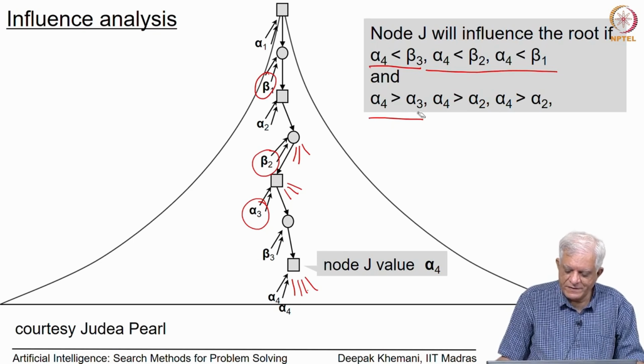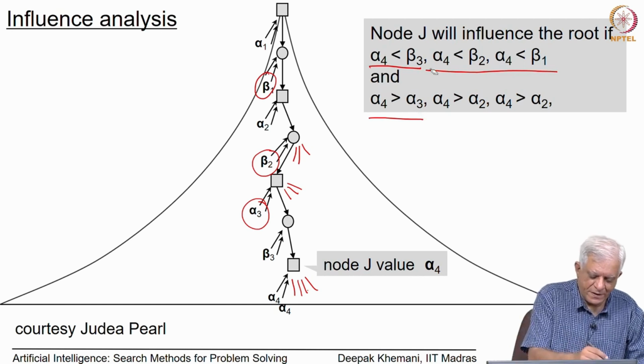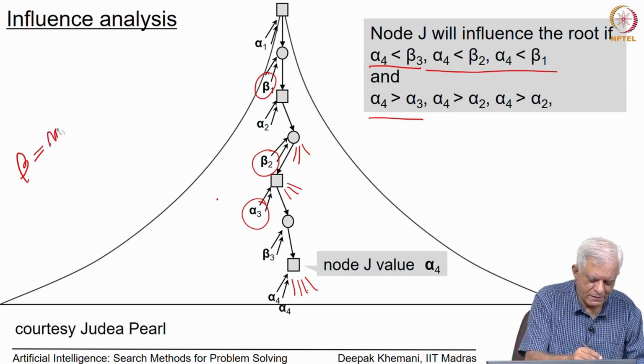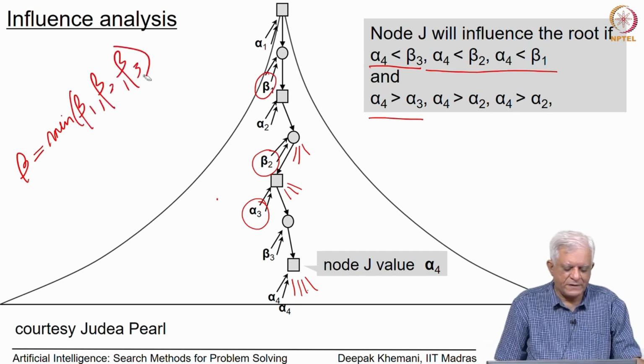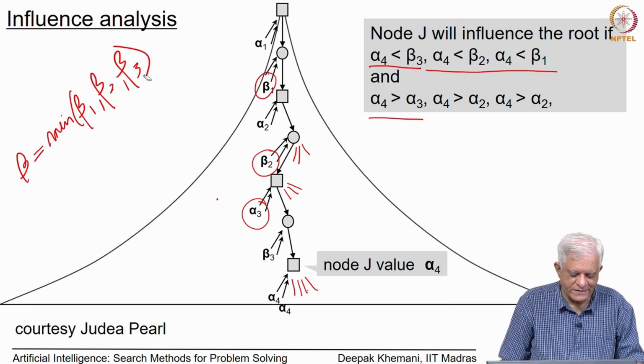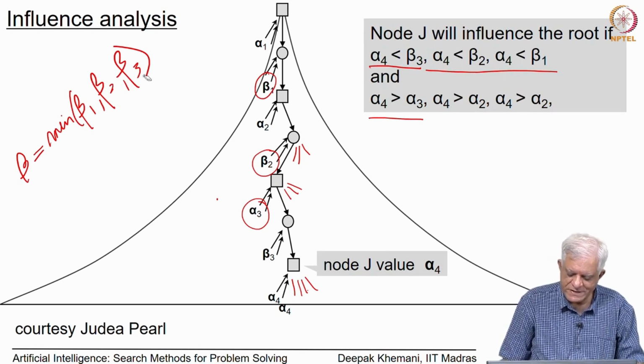So, essentially we can say that we can propagate a beta bound, which is the smallest of all the beta values, and only as long as alpha 4, or the value of this node j, is smaller than this beta, should you continue to investigate below node j.